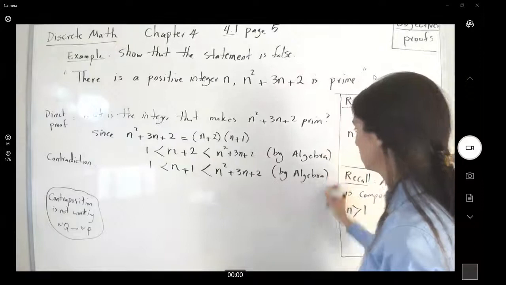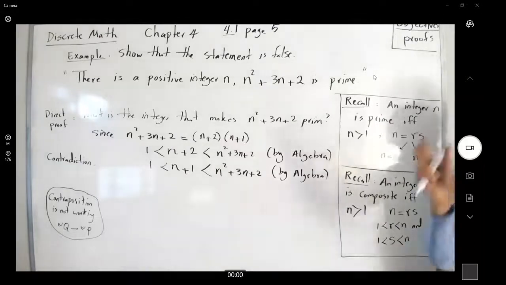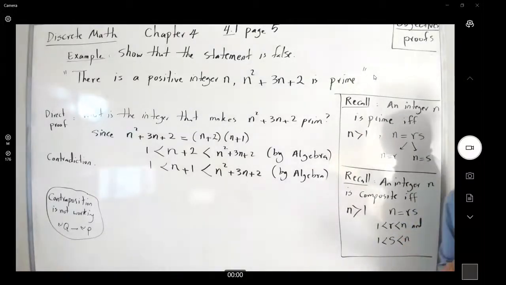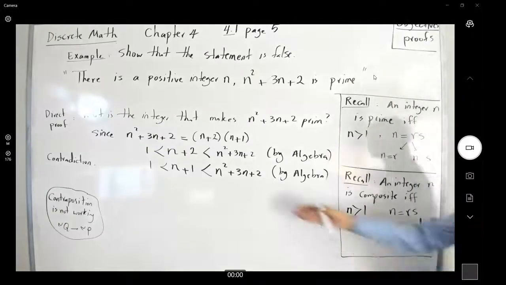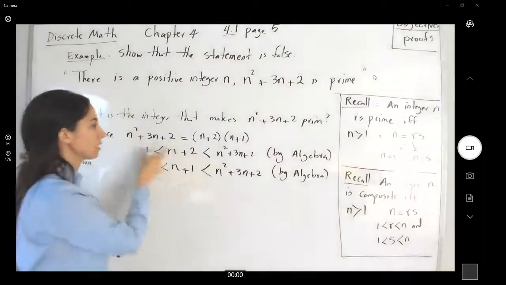But hey, we already defined a composite number. A composite number is a number greater than 1 which you can write in factored form, where those factors are greater than 1 and less than the number. As you can see, these two factors are greater than 1 and less than the expression.